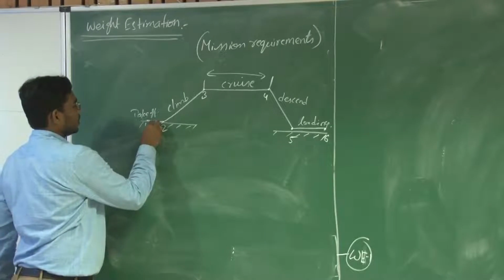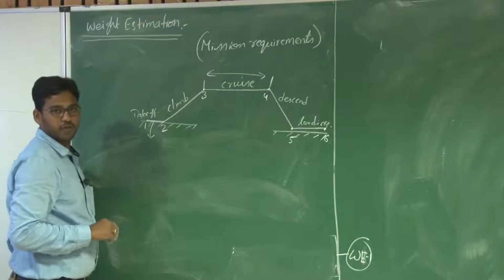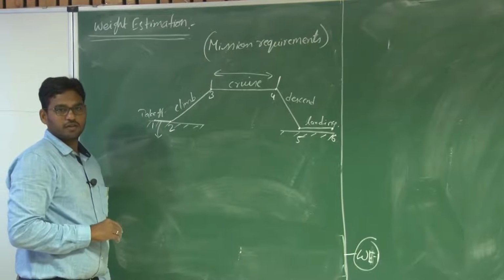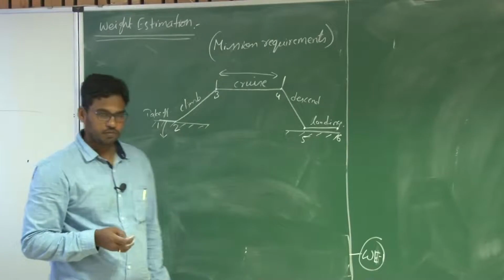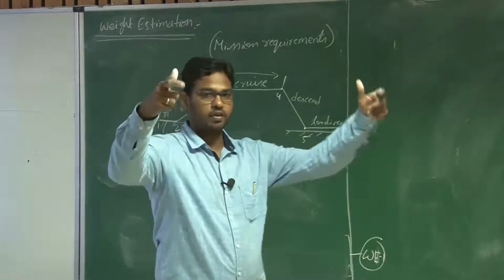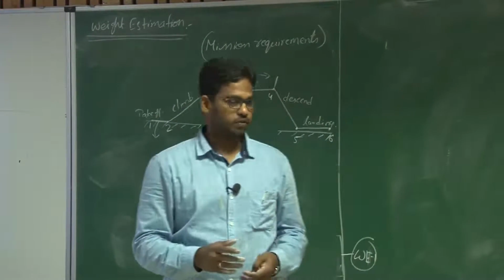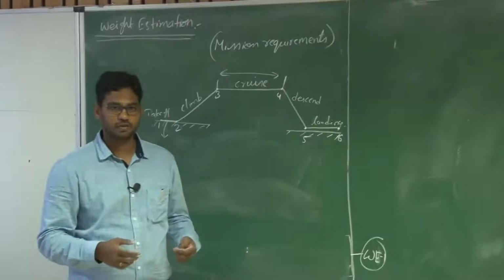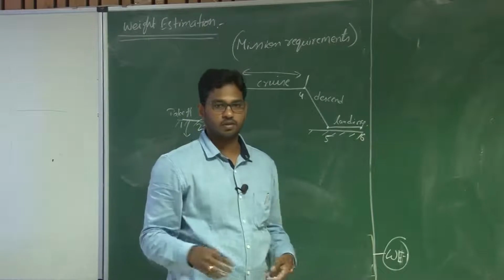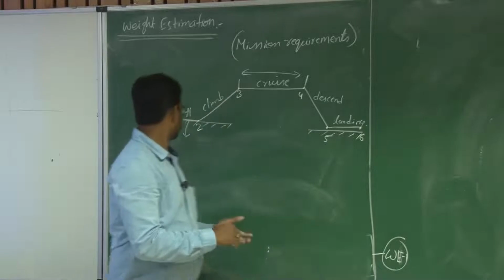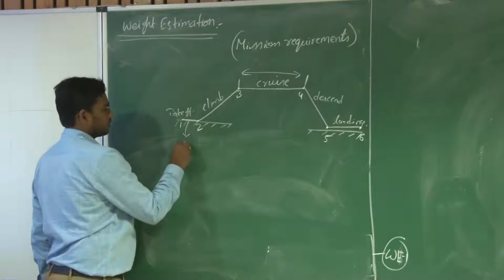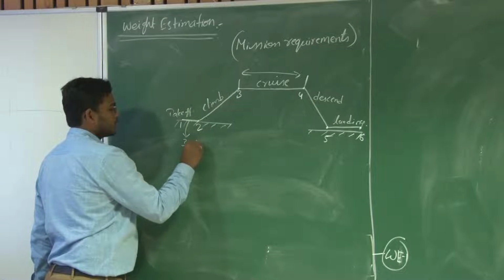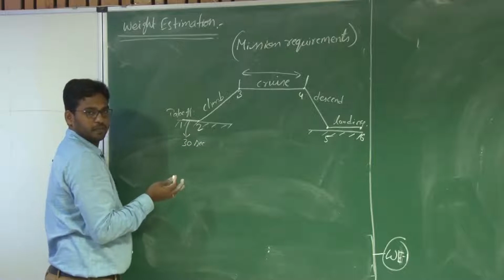How much time do you think takeoff requires? In our first introductory lecture, we saw the flight of a flying wing, where there is no takeoff; we just hand launched it. So we can at most consider a takeoff of 30 seconds or half a minute.